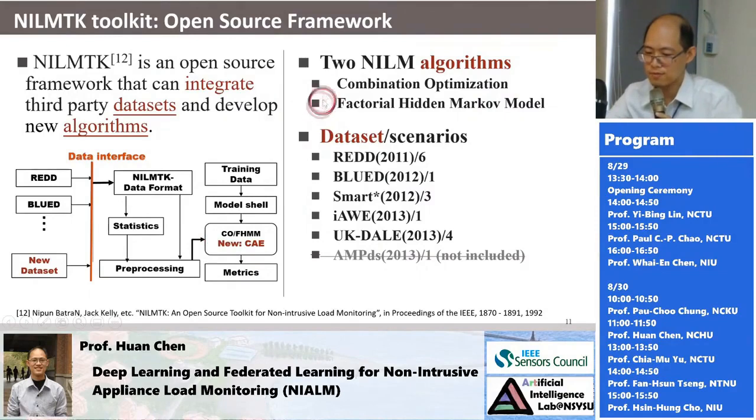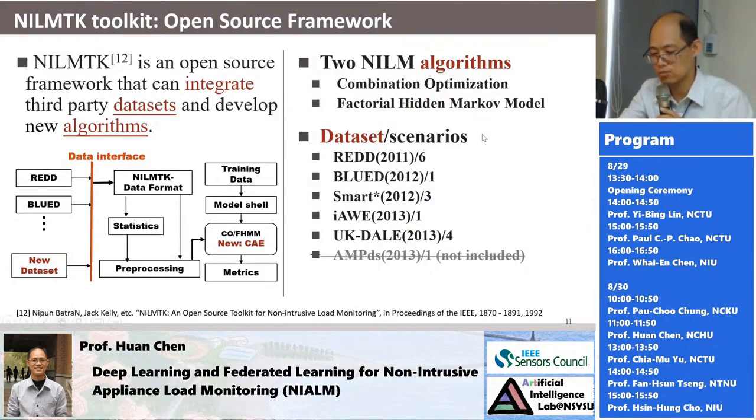So the highlight of this NILMTK toolkit is that it has two default NILM algorithms. One is combinatorial optimization. The other is the factorial hidden Markov model. These two are very conventional ones, so you can develop your own.